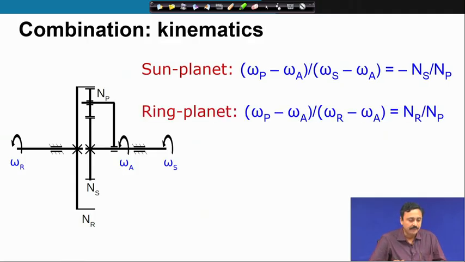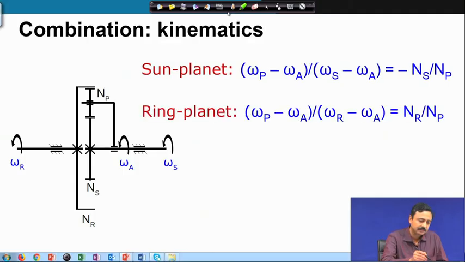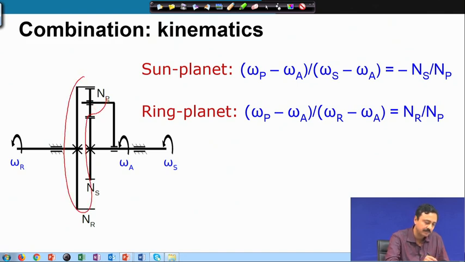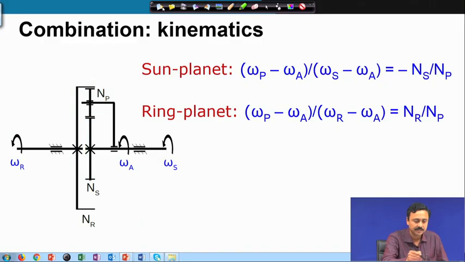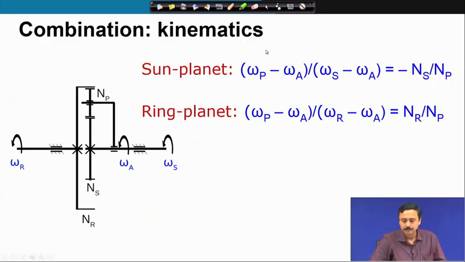Next, we look at the ring planet combination. So, we have the ring gear, the planet gear and the arm, and the kinematics for this we have derived as written out here for you. You can clearly note the difference in these two relations.